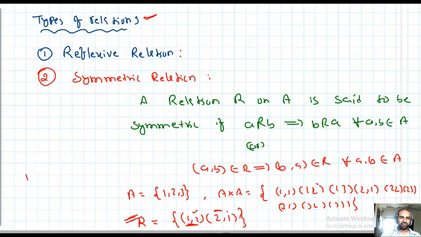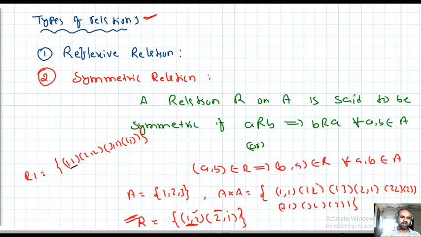One more example is given from that set only. R is given as {(1,1), (2,2), (3,1), (1,3)}. Now you want to check whether it is reflexive or symmetric. Students, listen.